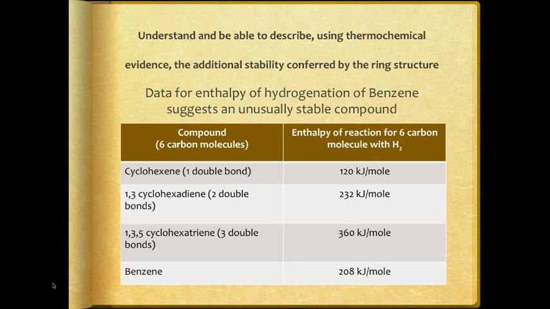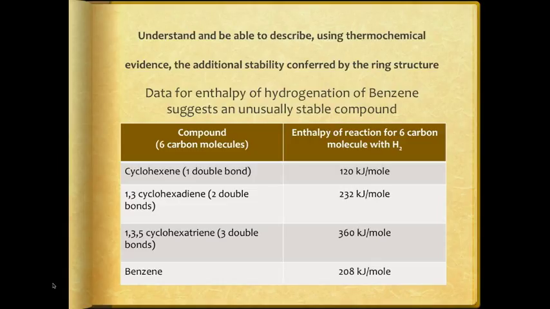The next assessment criteria is to understand and be able to describe, using thermochemical evidence, the additional stability conferred by the ring structure. Well, let's look at some thermochemical evidence. Let's look at cyclic compounds that have 6 carbon atoms. Well, cyclohexene is one.